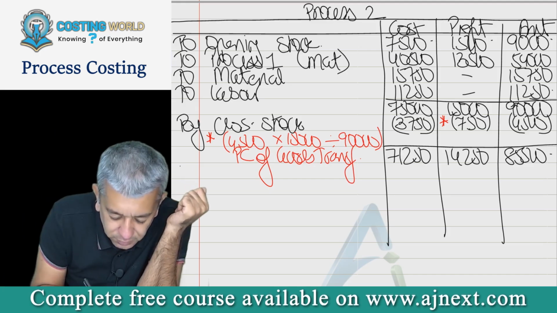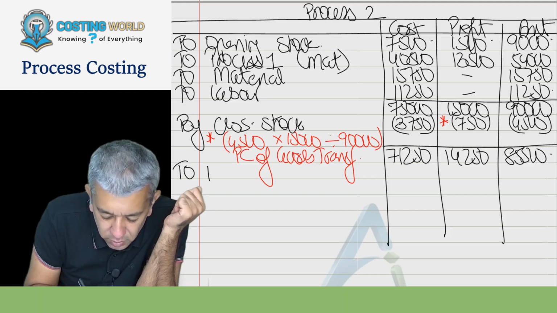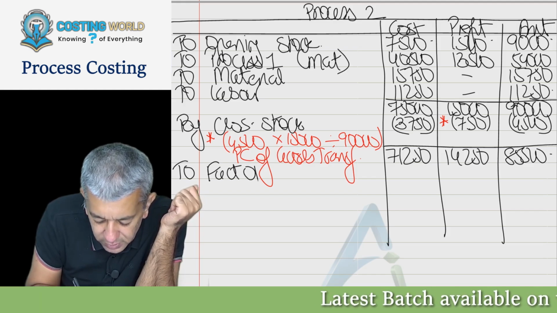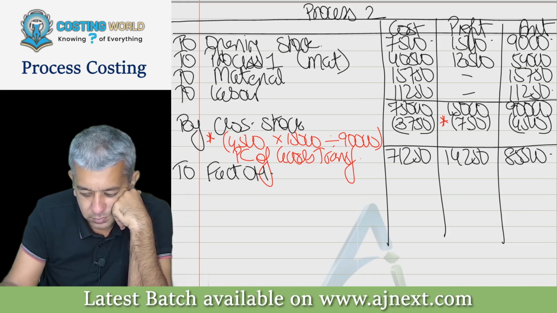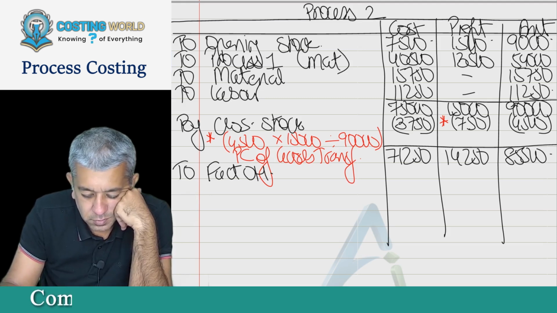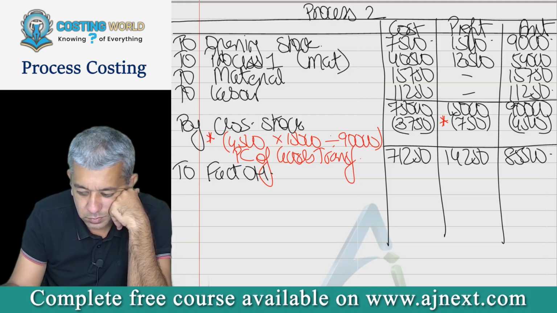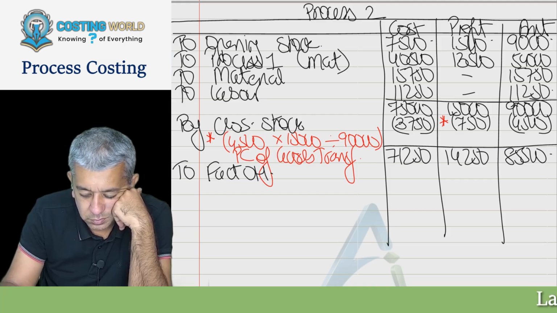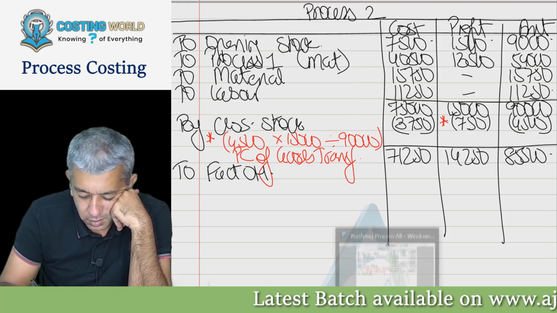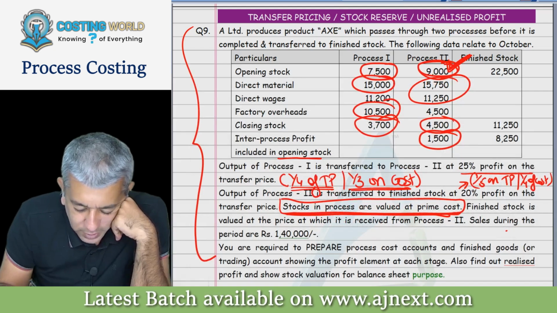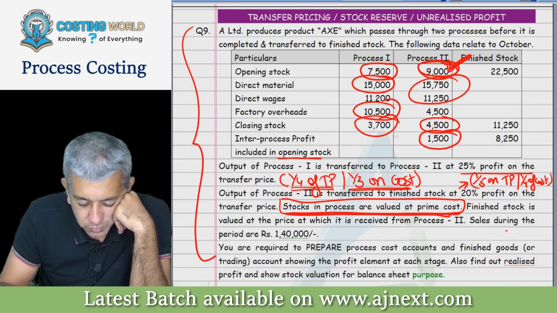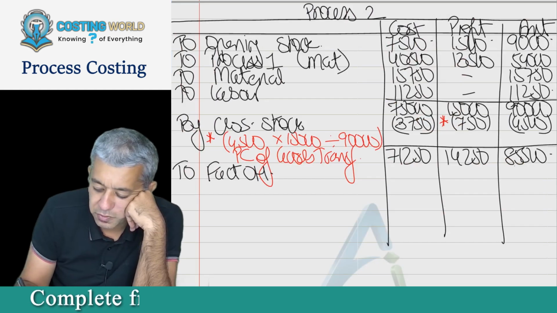Further, factory overheads. Factory overheads in this particular case will be 4,500.